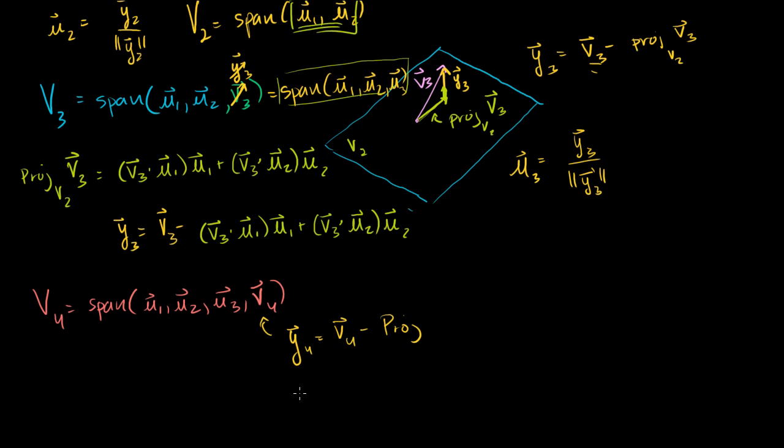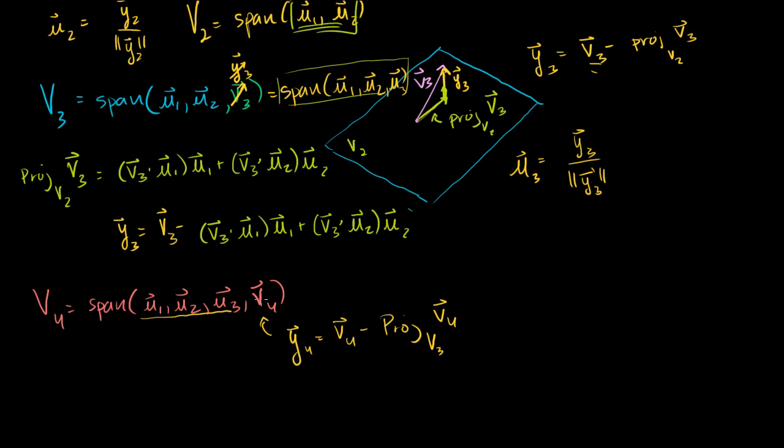It becomes a little hard to visualize. You're not projecting onto a three-dimensional space. The projection of v4 onto our subspace V3 is completely analogous to this. It's just that V3 is now a three-dimensional space, not a plane. You're finding its projection onto this. This is definitely going to be orthogonal to our subspace V3.